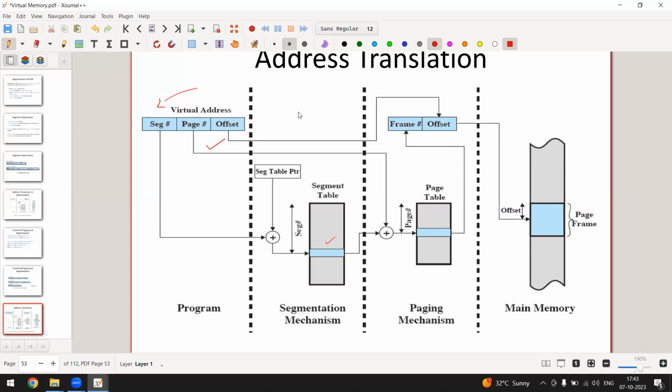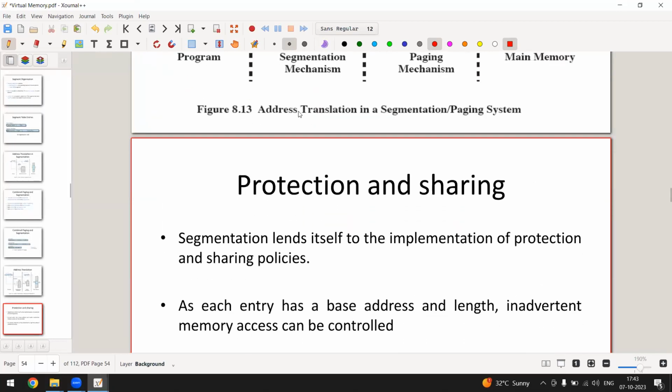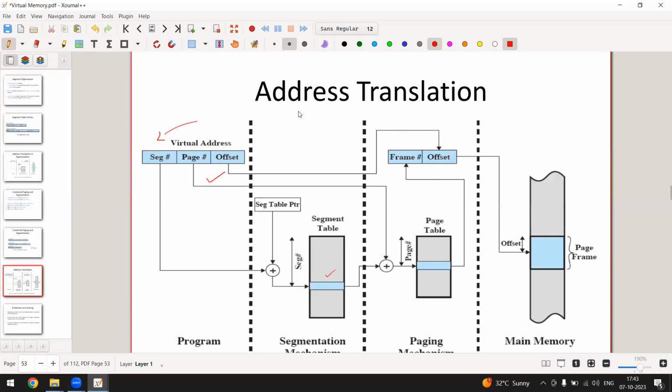If we talk about hardware, here you require two things: segment table, page table, segment table base register, page table register, then a data structure to store both segments and pages. So simple segmentation and paging was the easiest one to implement and lowest in terms of complexity.